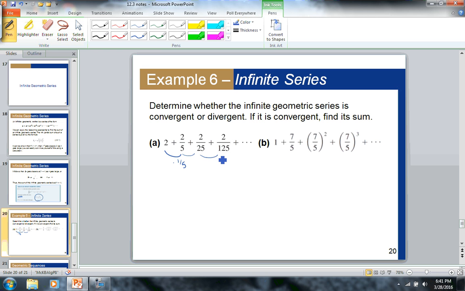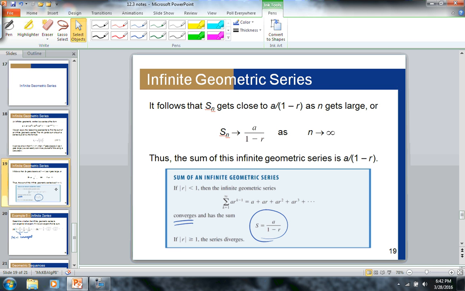So the absolute value of my ratio, 1/5, is less than 1. This means we're convergent, and that means I can find my sum. So now I'm going to use that equation, S equals a over 1 minus r.